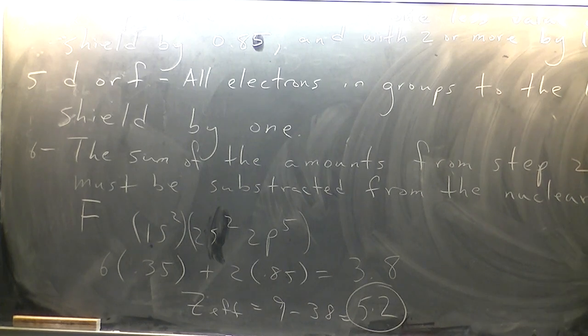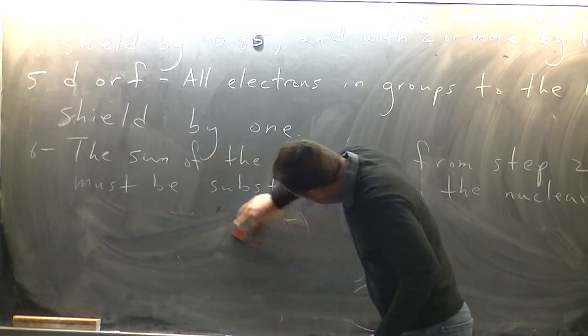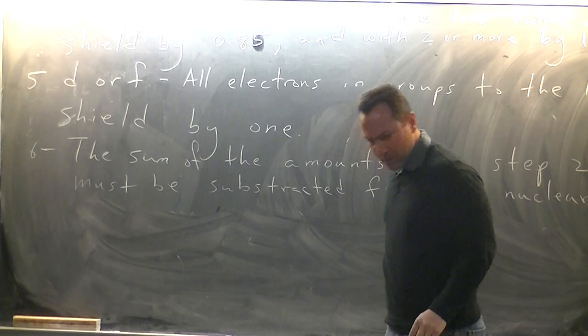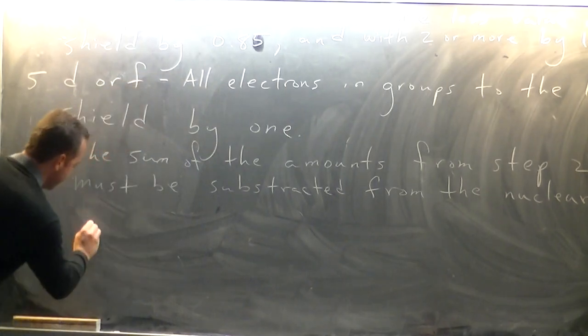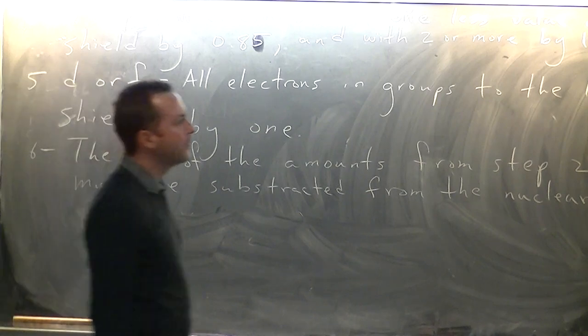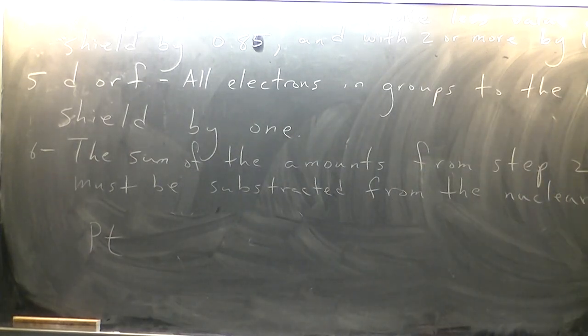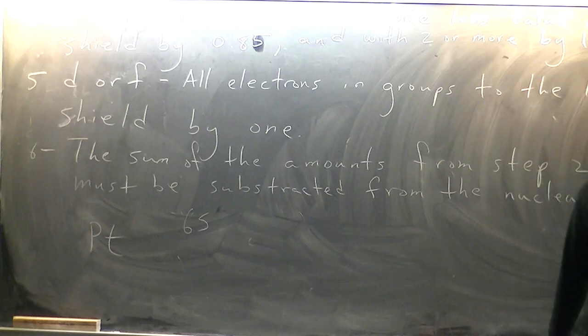Okay, so let's do platinum, just to make sure that you understand. What if I tell you to calculate the effective nuclear charge of an electron in the 6s orbital?